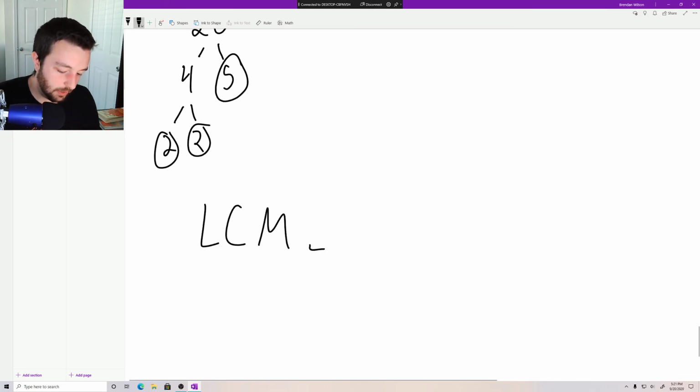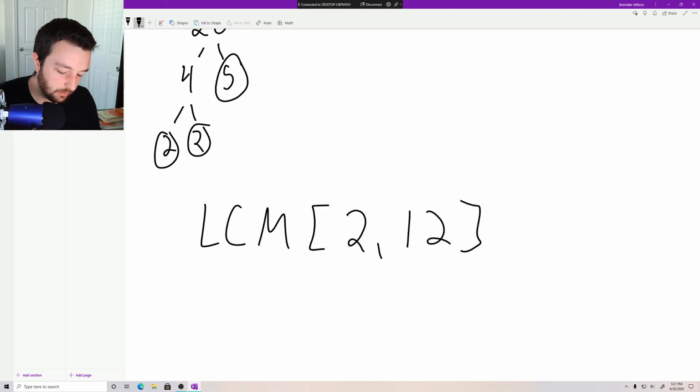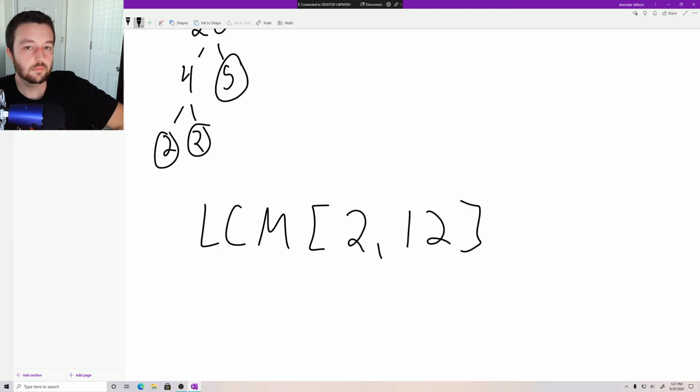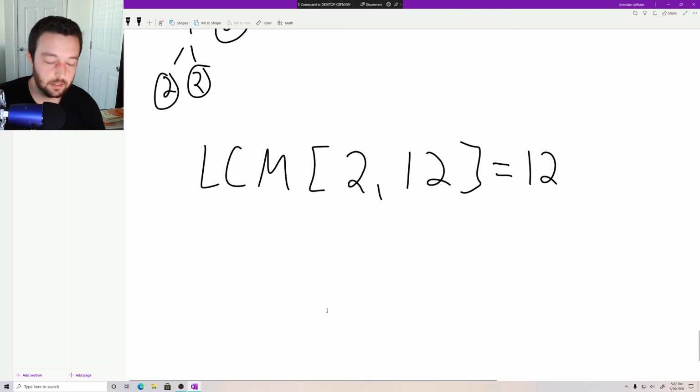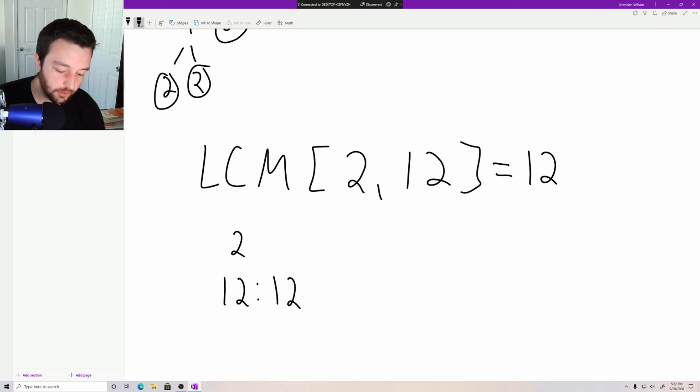So what happens when we have something like 2 and 12? Well, in this case, one of the numbers is divisible by the other number. Okay. So automatically, the least common multiple has to be the bigger number. Why? Well, if we look at the list method, right, with 12, the first multiple is always going to be itself.